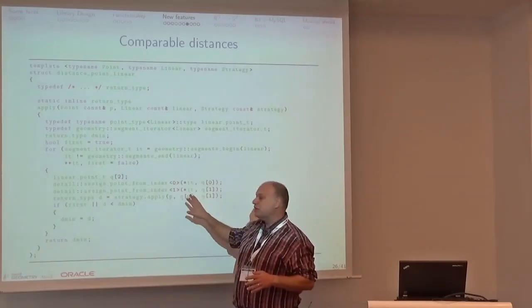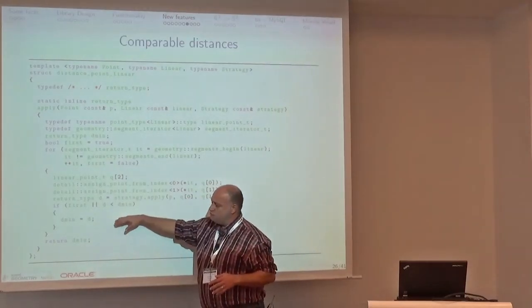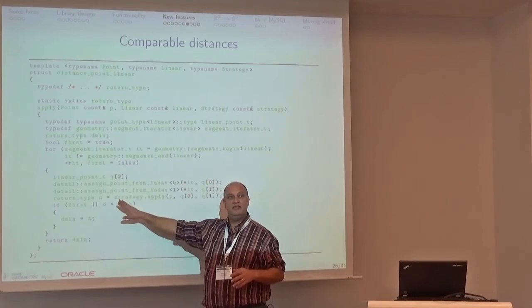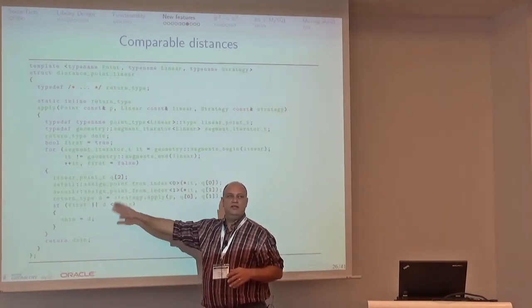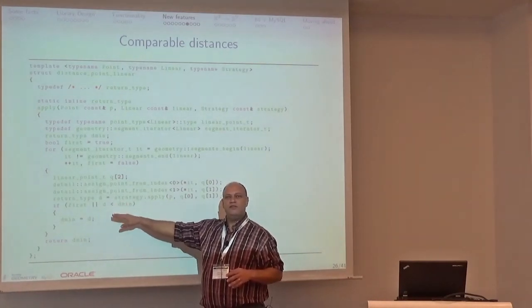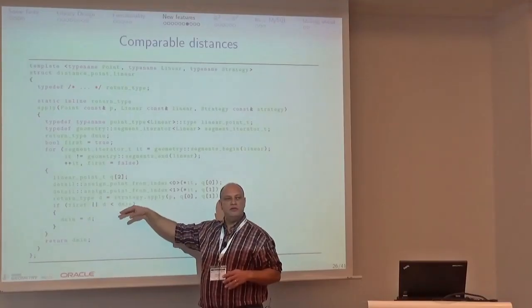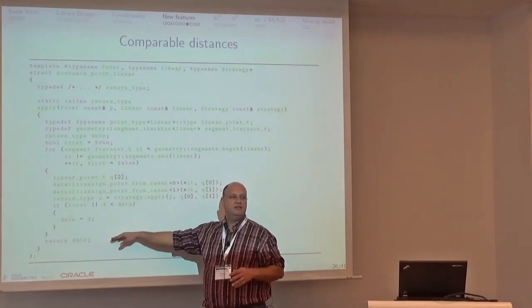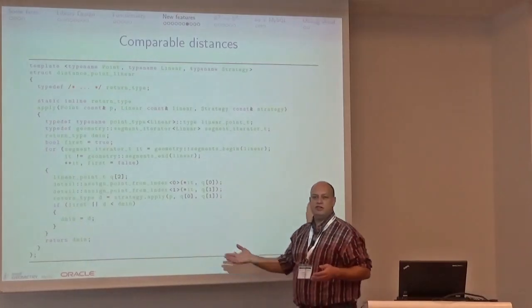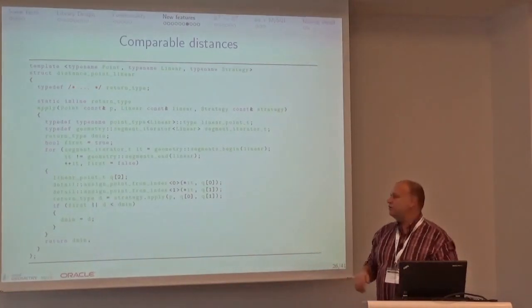This is all that it does. And the remaining part of the loop says, if this is the first time that I'm computing the distance, just store it. If it's not the first time, then if the new distance that I just computed is smaller than the one that I have already computed, just update the minimum result. It's a standard minimum find algorithm.